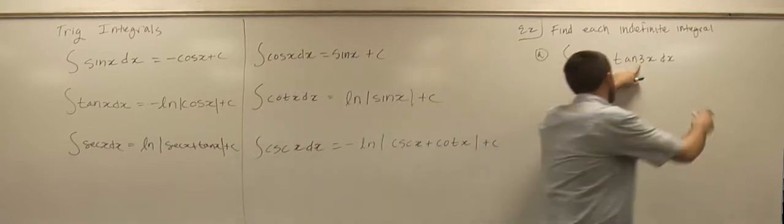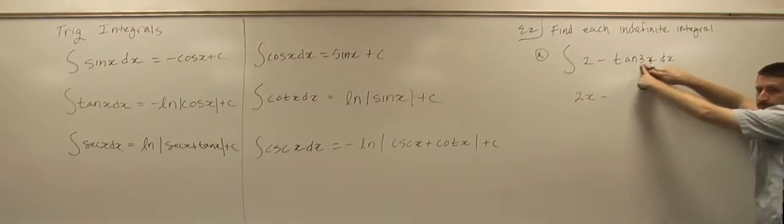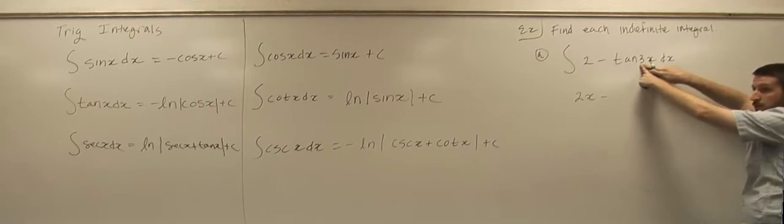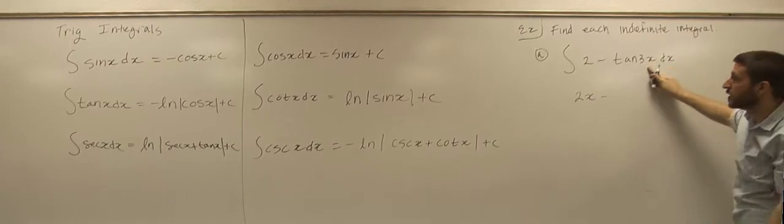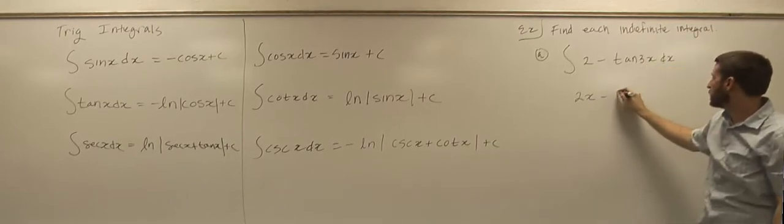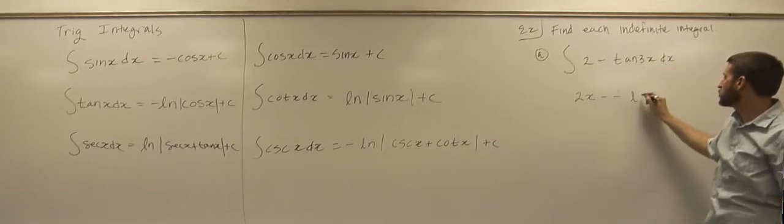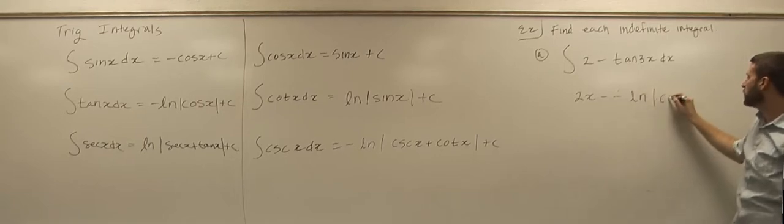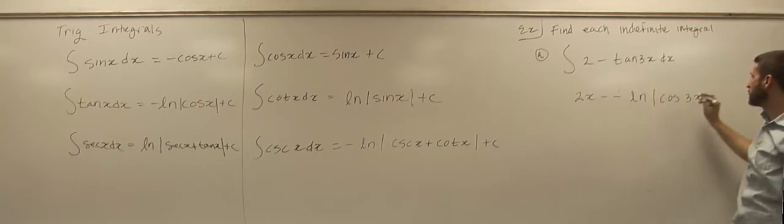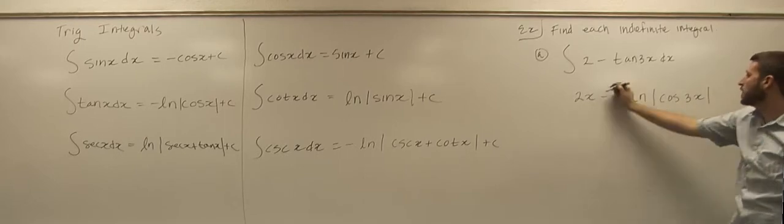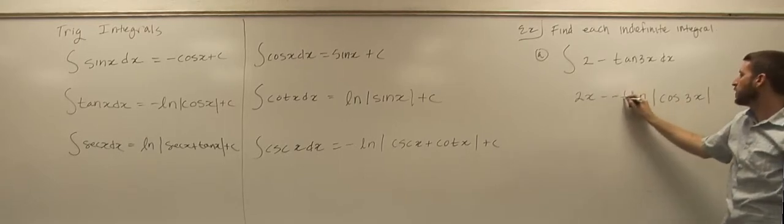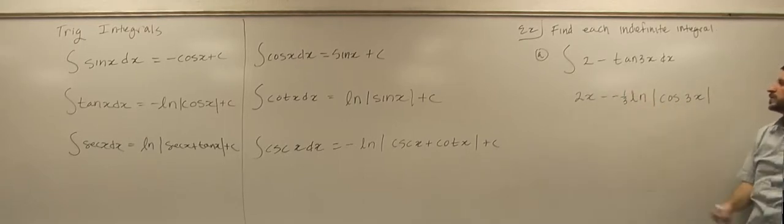What's this 3 going to do? Multiply by 3? Divide by 3, because you're doing an integral. You have to do reverse chain rule for this 3. And you'll get negative natural log of absolute value cos 3x, but then you get a 1/3 out front to make up for the chain rule you would do when you derived.